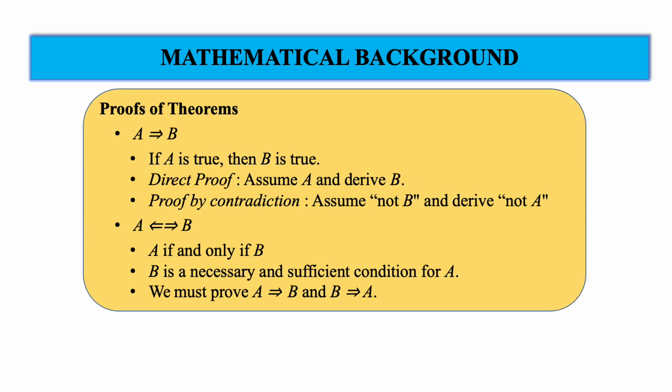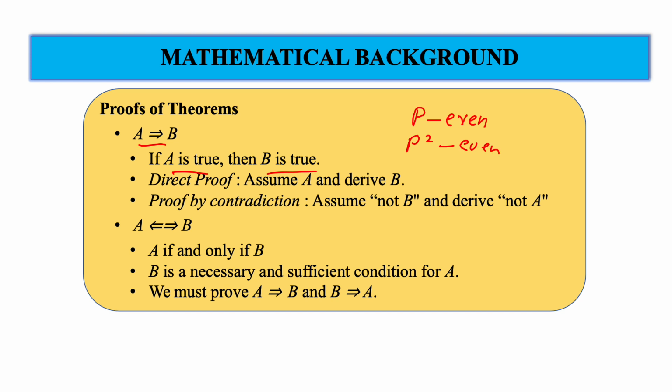Now we will look at some important things about proofs of theorems. In this course we will come across situations where we have to show that if A is true, then B is true. For example, if P is an even number, then P square will also be an even number. So this is one-way implication.